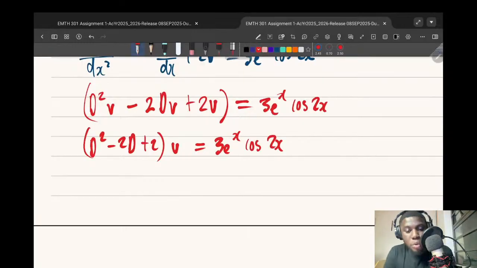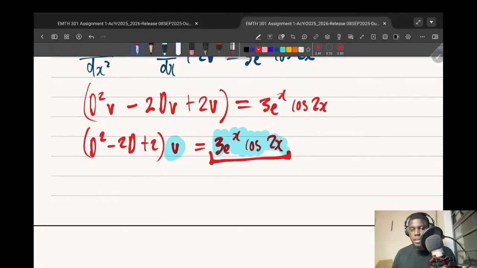Now, this is the time where you replace your v. Look on the things that are on the other side. You see it's a product. You know what you do for a product. Ignore the 3.